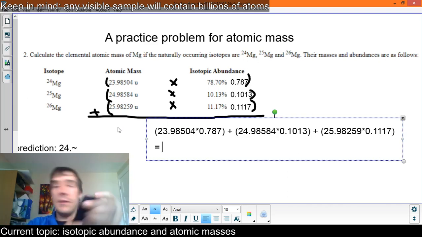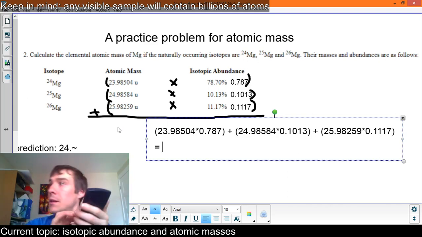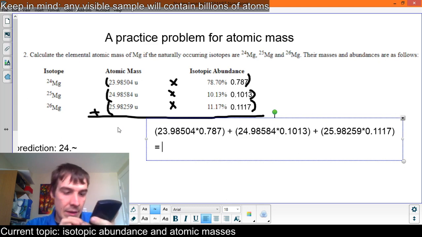We'll just put it through the calculator and see what we get. So 23.98504 times 0.787 plus 24.98584 times 0.1013 plus 25.98259 times 0.1117.